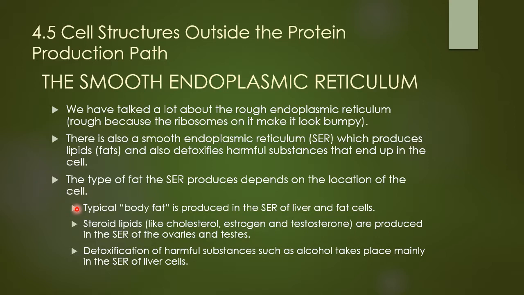Typical body fat is produced in the smooth endoplasmic reticulum of liver cells and fat cells. Steroid lipids like cholesterol, estrogen, and testosterone are produced in the smooth endoplasmic reticulum of the ovaries and the testes. And the detoxification of harmful substances such as alcohol takes place mainly in the smooth endoplasmic reticulum of liver cells.